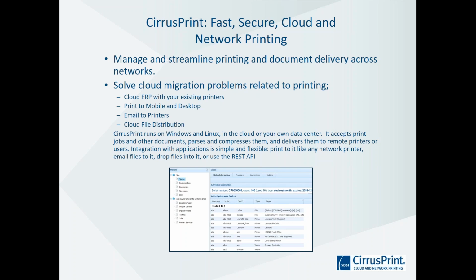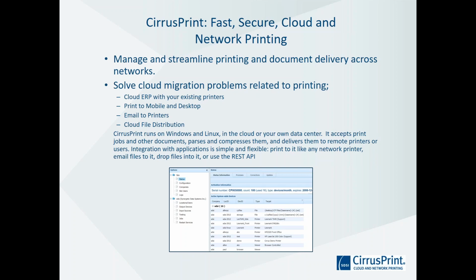Cirrus Print allows you to manage and streamline the printing, whether it's over networks or if you're moving to the cloud, then it's a great way to manage the printing from cloud applications. If you're currently having issues just printing over your network with speed, it can help resolve those issues as well.